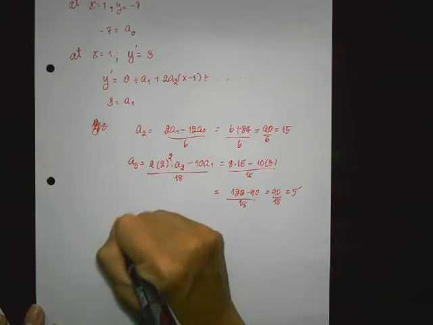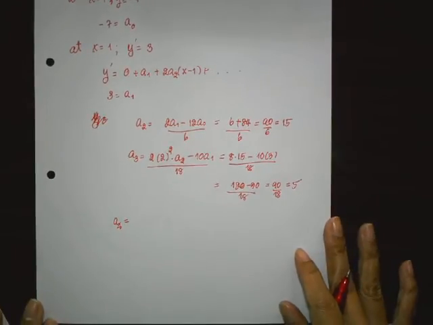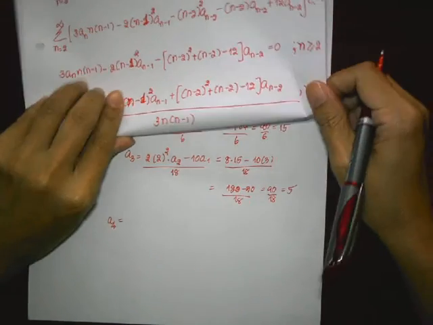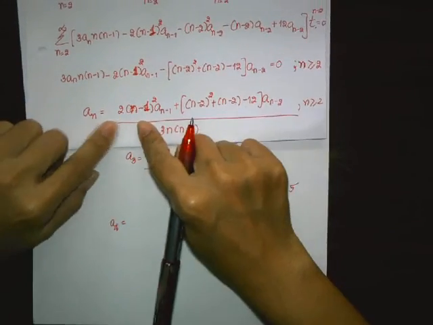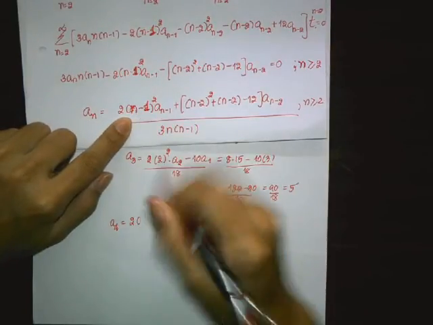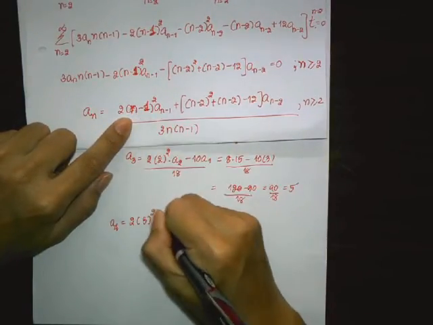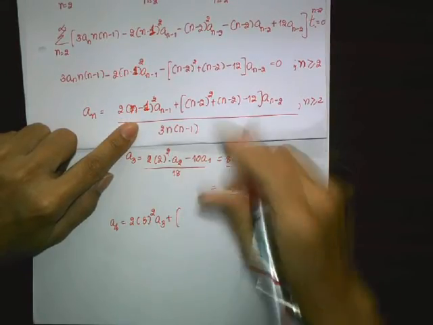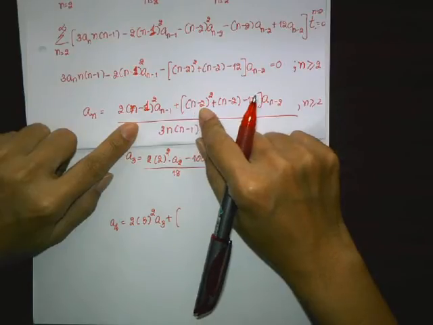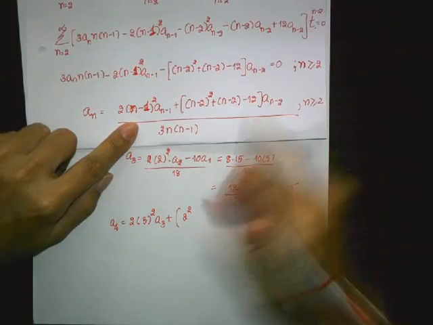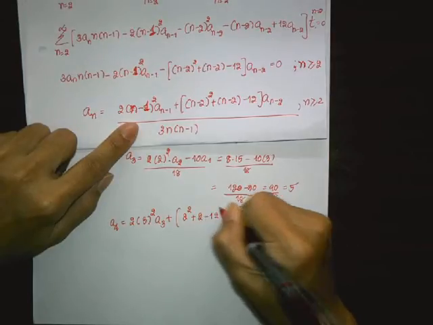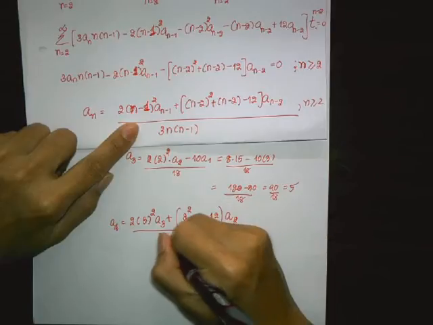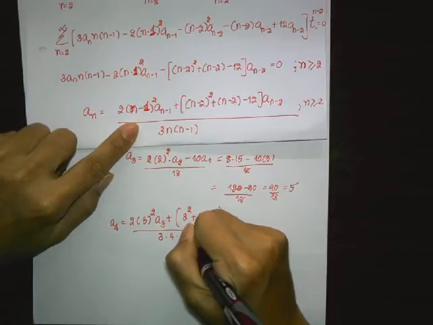Now a4 is equal to, we just plug into this relation. N equal to 4, you get 2 times 4 minus 1 equal to 3 square, an minus 1 a3, plus n equal to 4, 4 minus 2 equal to 2 square, minus 12 a2, divided by 3 times 4 times 3.